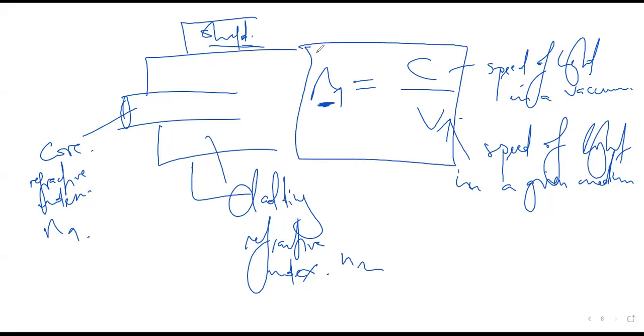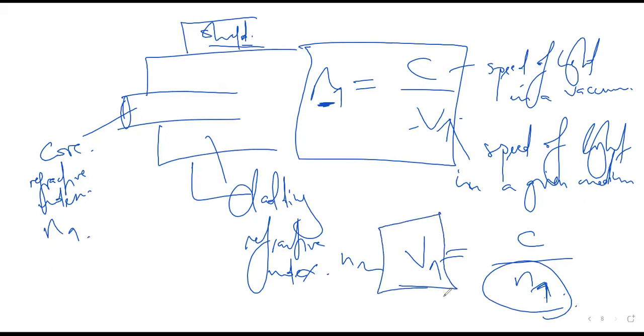So the refractive index is just a ratio. It's a number which allows us to determine the speed of light in a given medium. If I rearrange this, I can put it as V1 is equal to C over N1. So if I'm given N1, the refractive index of medium 1, I can calculate the speed V1 of light in that medium.